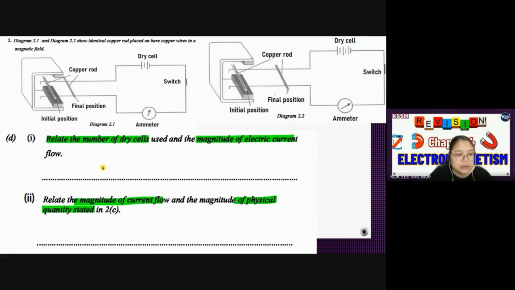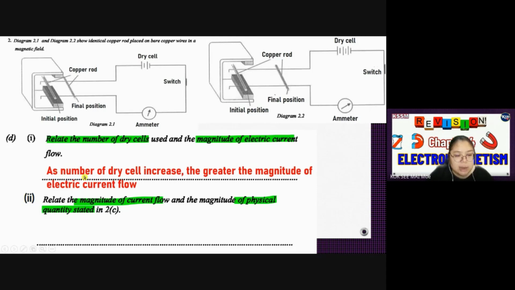Don't just put directly proportional. You just say the number of the dry cell is directly proportional to the magnitude of the electric current flow. That one is a full sentence. So from here we just write, as the number of the dry cell increases, the greater the magnitude of the electric current flow.